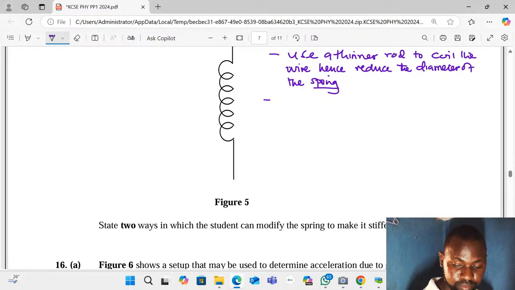Another one, we have using a shorter piece of wire to have a shorter spring.